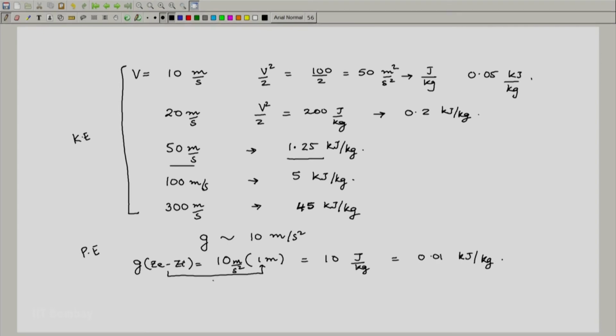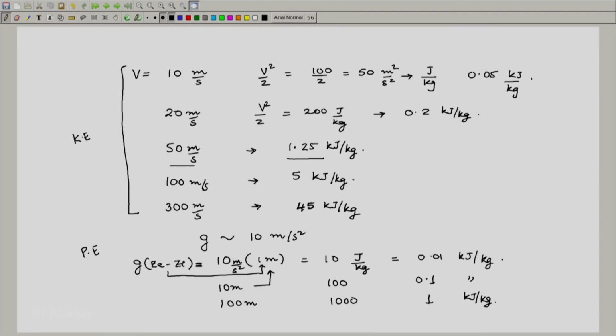Now, one could have sometimes in some boilers around 10 meters, in which case this number would be 100 and this would be 0.1. Only very rarely in some boilers, depending on how you take the inlet, you could probably go up to even 100 meters of difference, in which case this is 1000 and this is only 1 kilojoule per kg.